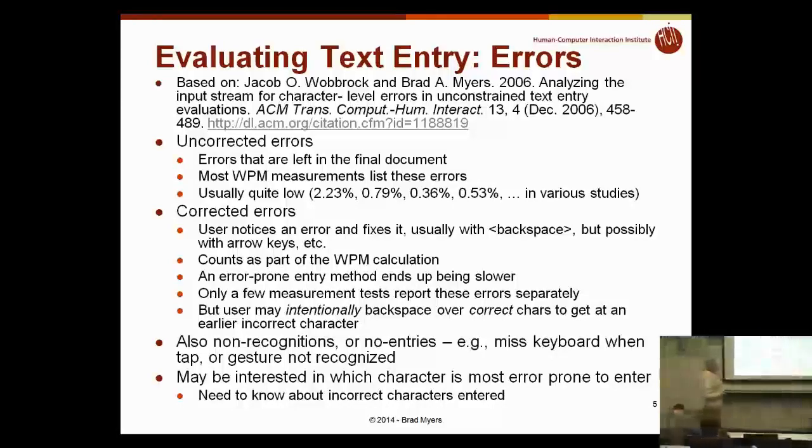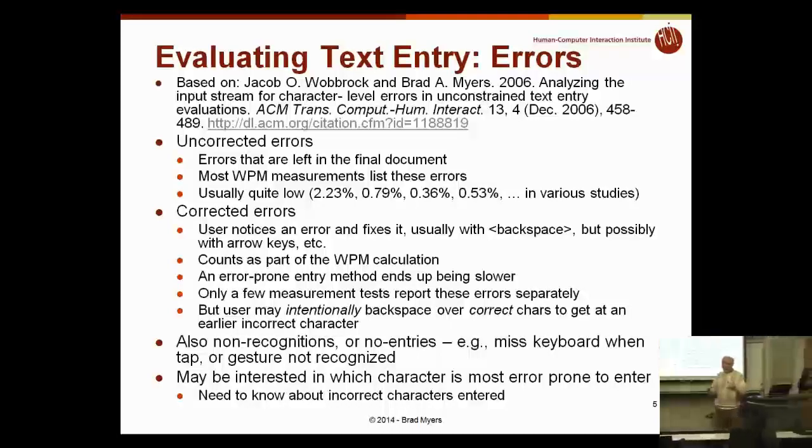Basically, the idea is that there are uncorrected errors. If you look at a document and you see a typo in it, that's clearly an uncorrected error. The user typed something, gave it to you, and you can see that there's still an error in it. So those are errors that you missed, that are left in the final document. Typically, people notice when they type something wrong, so the number of uncorrected errors is fairly low.